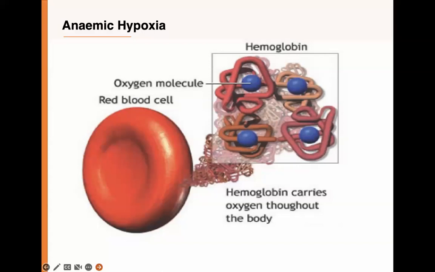If you remember the equation which we had seen earlier, the oxygen carrying capacity depends on hemoglobin. So if you have little or less hemoglobin in the body, as in cases of anemia, that's where you have little carrying capacity of oxygen. So your tissue will have less oxygen because of that.